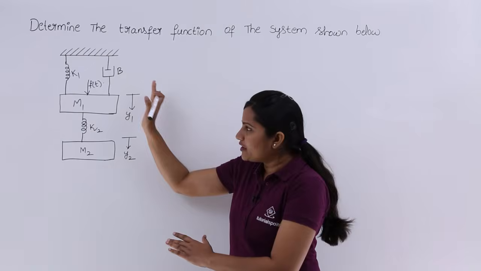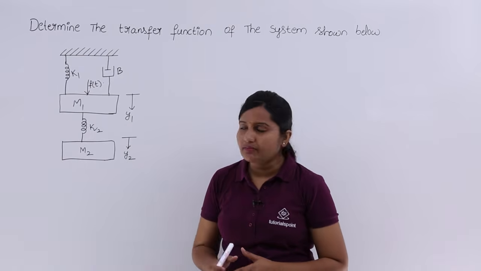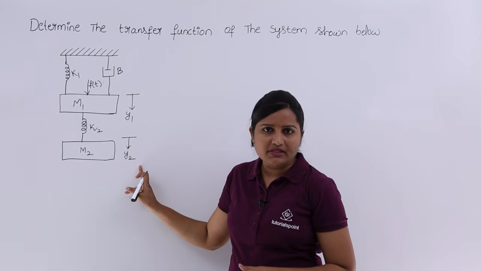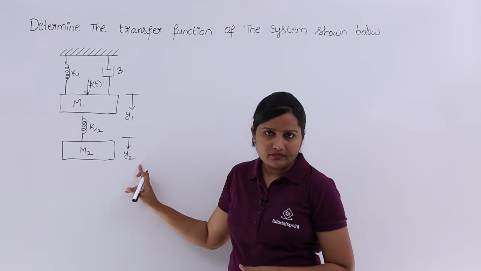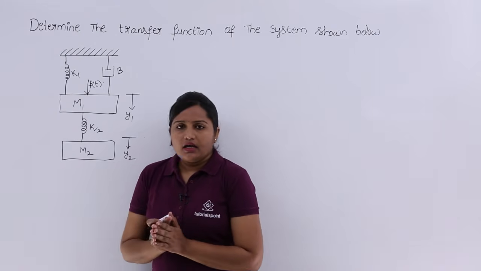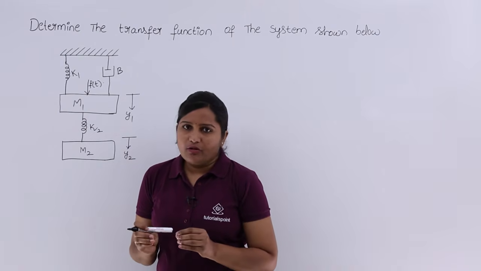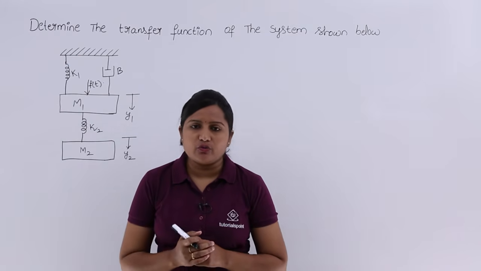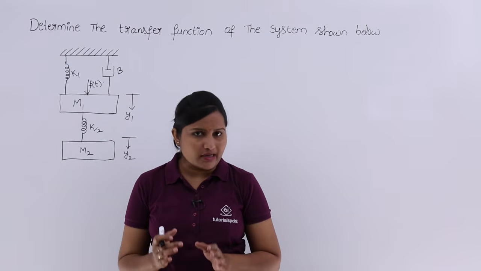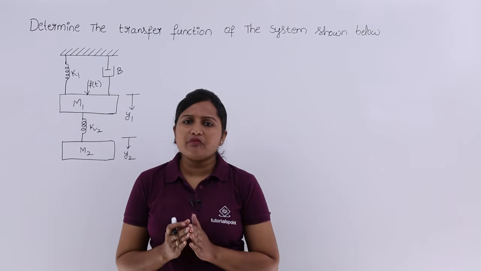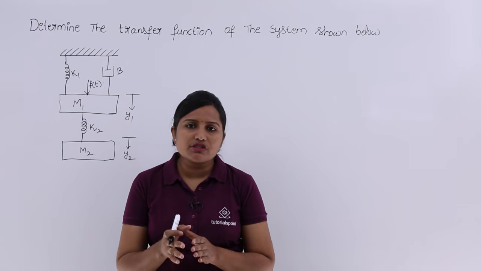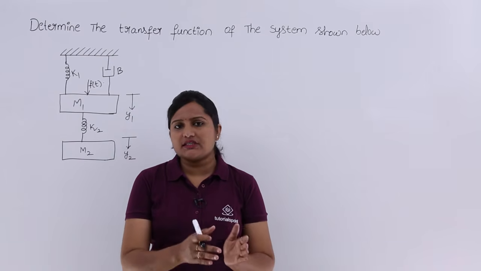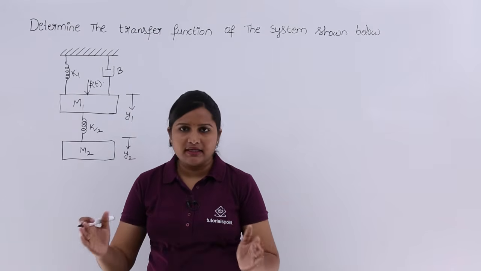For this mechanical translational system, the input is f(t) and the output is in terms of y2 displacement. For any problem related to this model, you need to draw the free body diagram. What is the free body diagram of masses? It shows the exact forces acting on a mass element in the diagram.